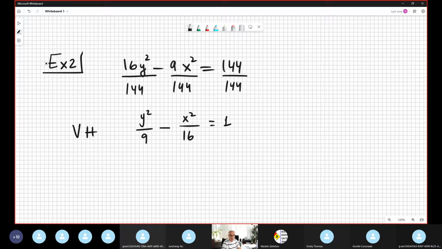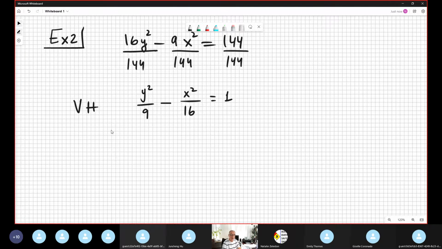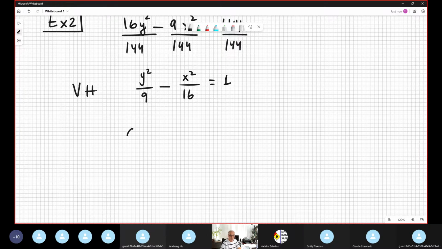And what about a and what about b? What is a squared? What is b squared? Look at the equation. What is a? What is b? Or a squared, doesn't matter, because to find a and b is too easy. Find the square root, and that's it. Who is a?